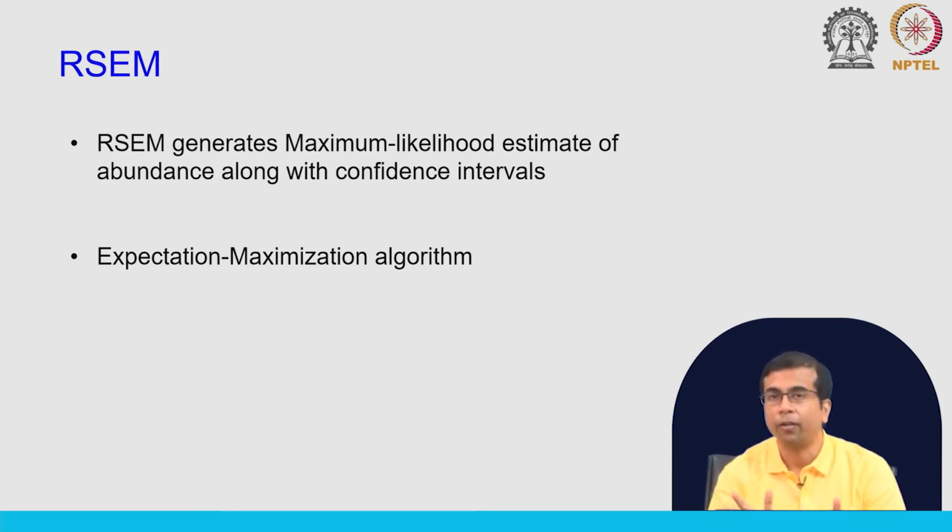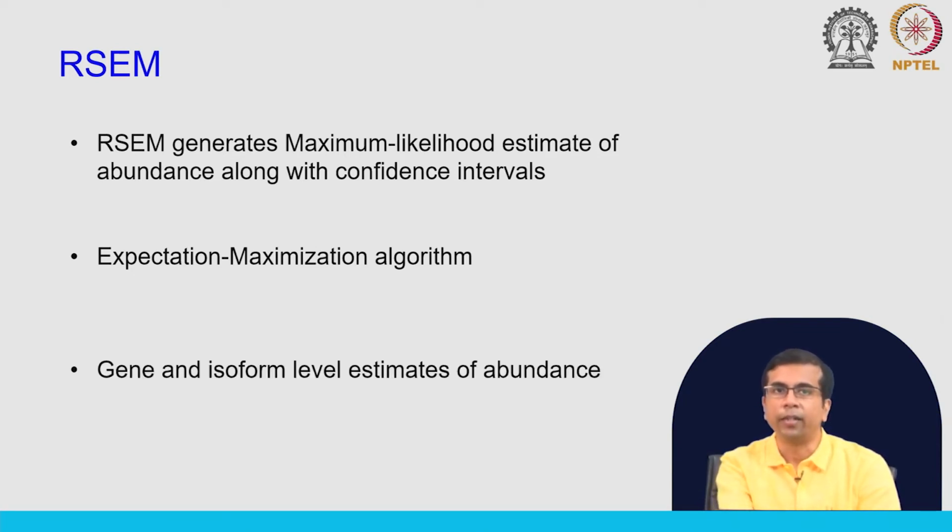Again, we are not going into the details, but you are encouraged to look into these algorithms if you are interested in the algorithm part. What we get from this tool is gene and isoform level estimates of abundance. This tool can give us an estimate of isoform abundance because it utilizes maximum likelihood estimates using the expectation maximization algorithm.